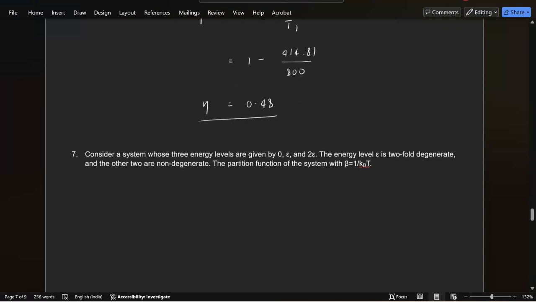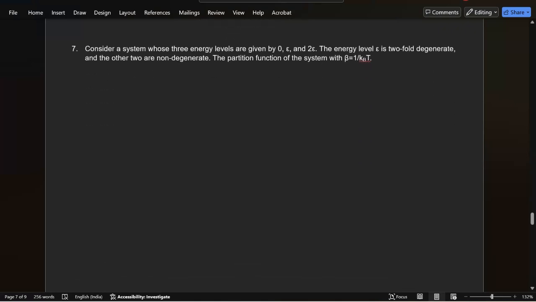Okay. Then if you understood that, let's go to the next question. Simple actually. So now they're telling us to consider a system with energy levels. 3 energy levels are there. First energy level is 0, then the second energy level is epsilon, but it's twofold degenerate.